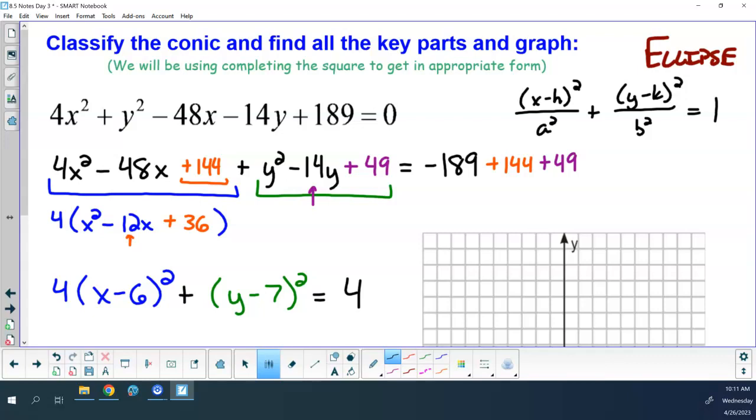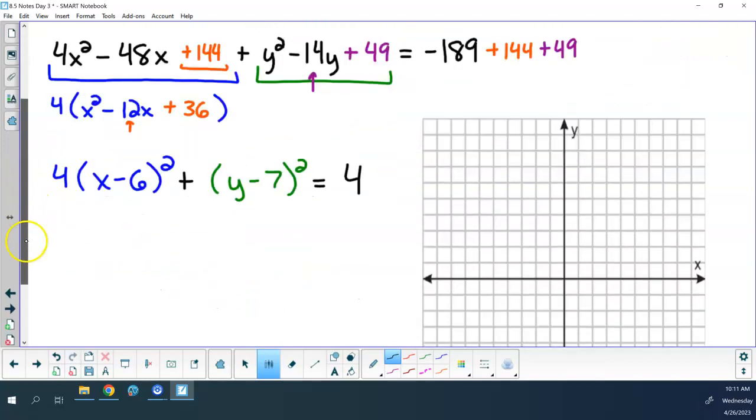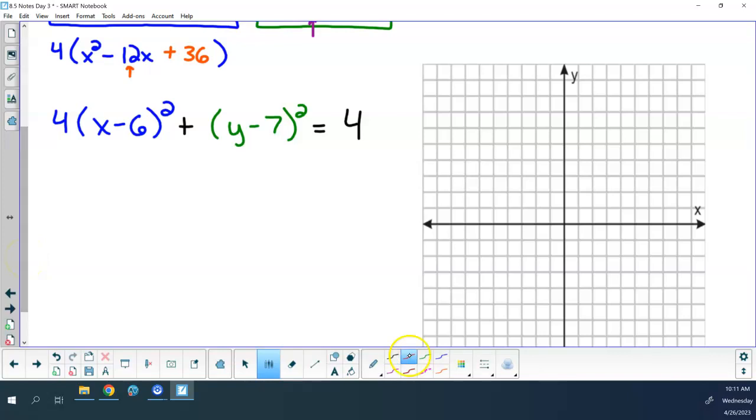Getting closer, at least now I've got parentheses, right? How do I get it equal to 1? I divide everything by 4.